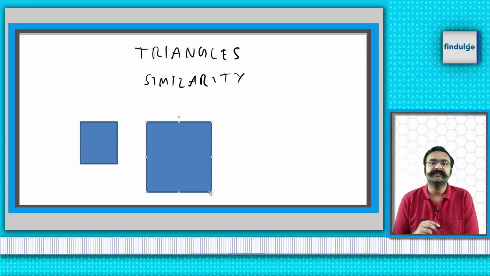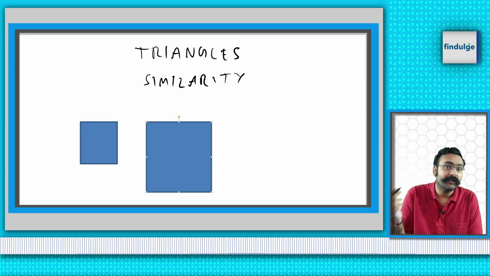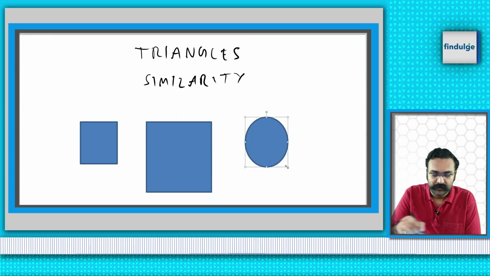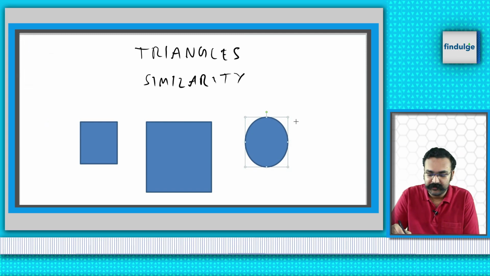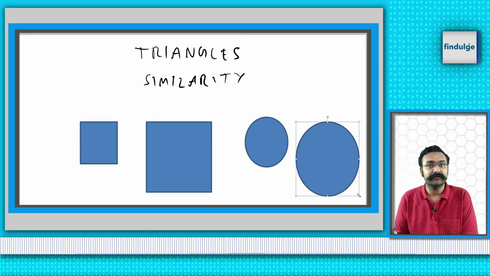Now we say that these figures are similar because they have the same shape, but they are not congruent because they are of different sizes. Similarly, all circles are also similar. If I look at any two circles, I have one circle like this and another circle that's slightly bigger, but they're still circles and so they still look similar.